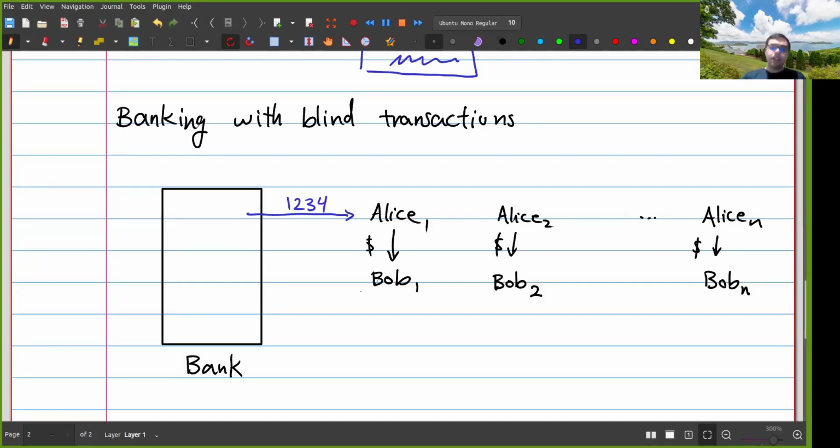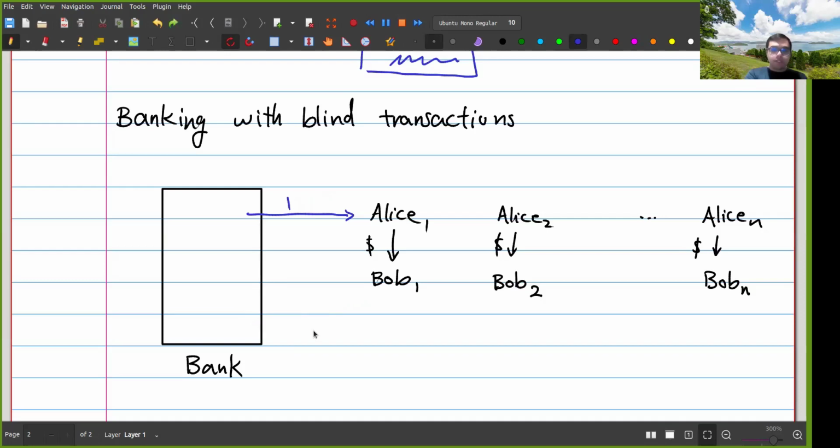And then later on, if Bob comes to the branch and deposits the same banknote, the bank knows that it was Alice who paid Bob. Now, maybe not directly, maybe Alice paid someone else and there were a bunch of other transactions before it ended up with Bob, but at least indirectly Alice paid Bob. And this is also a violation of privacy that I don't want to allow. So I don't want the bank to know where this banknote came from.